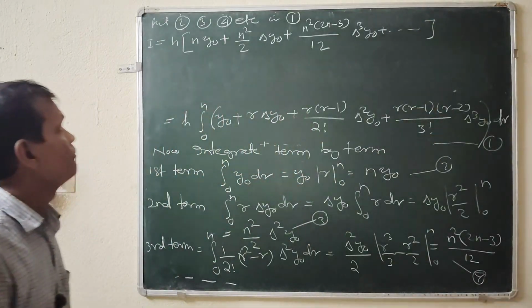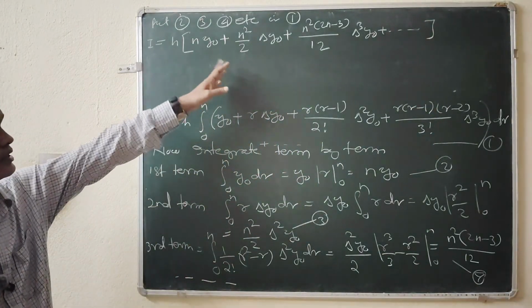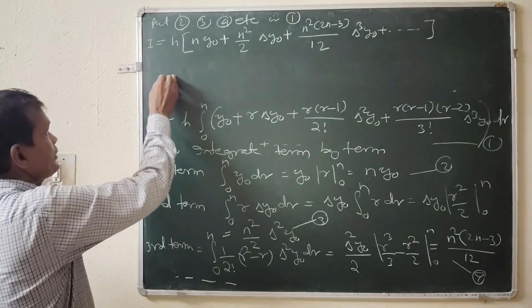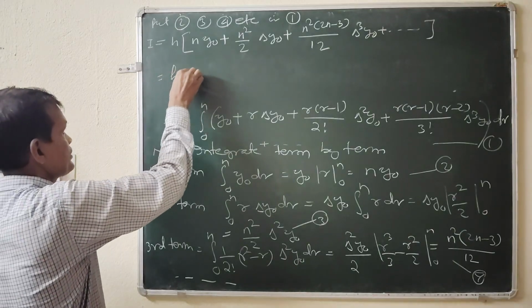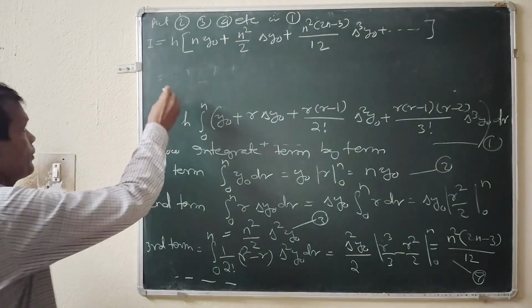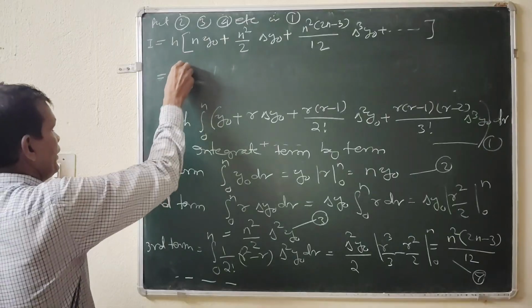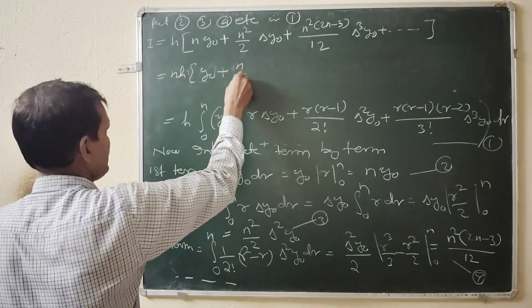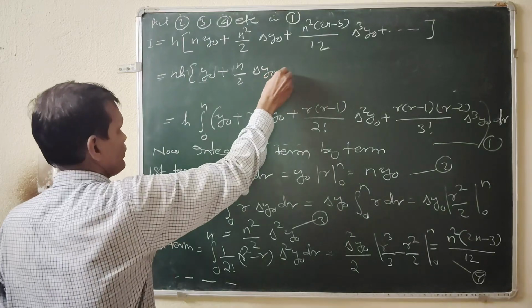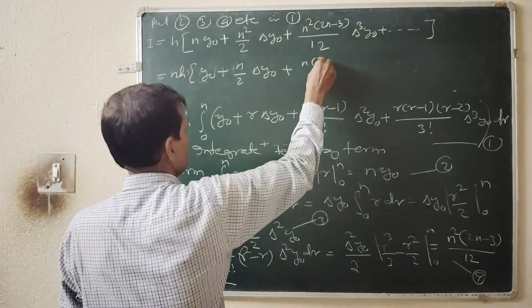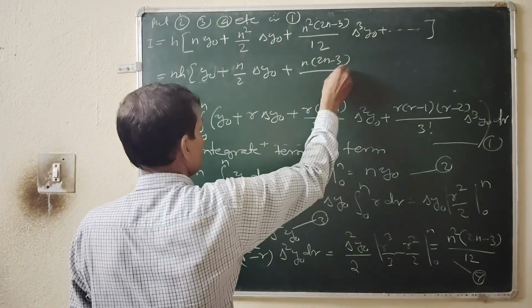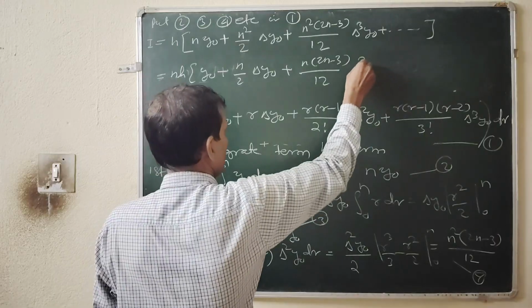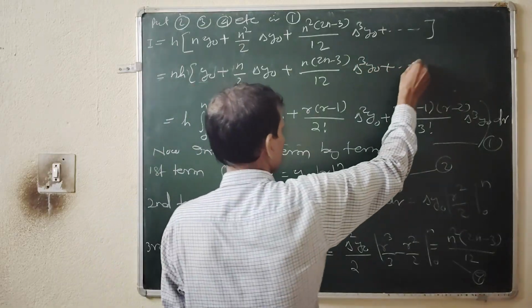Now you see every term contains n, so that can be written as hn. Taking n common, we can write it as nh times y0 plus n by 2 delta y0 plus n into 2n minus 3 by 12 delta cube y0, and so on.